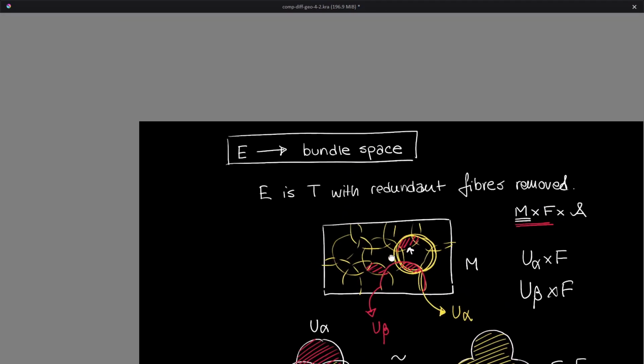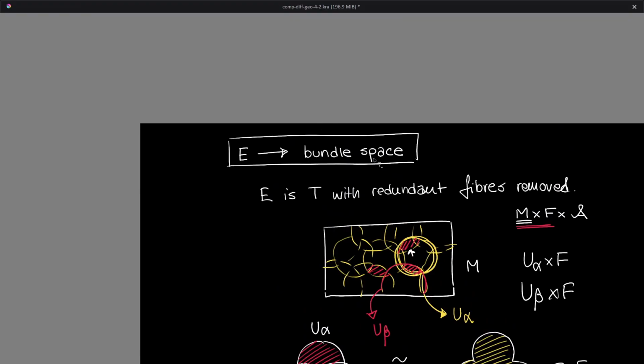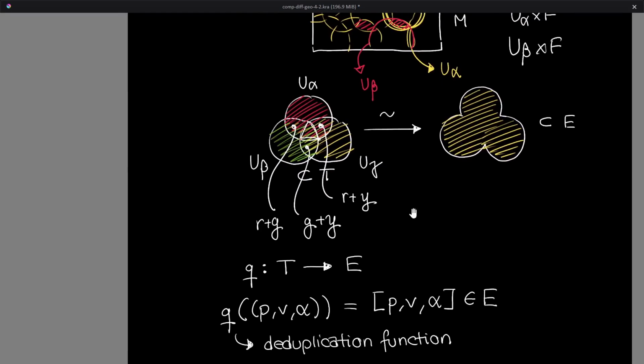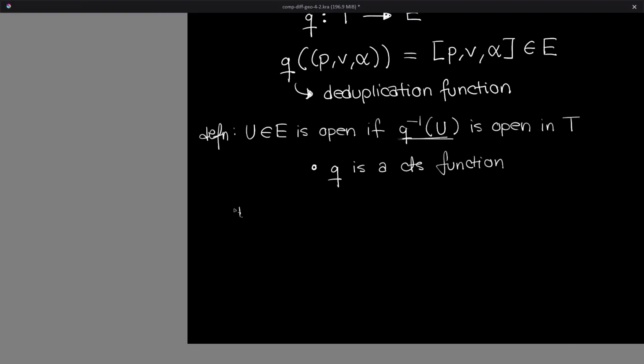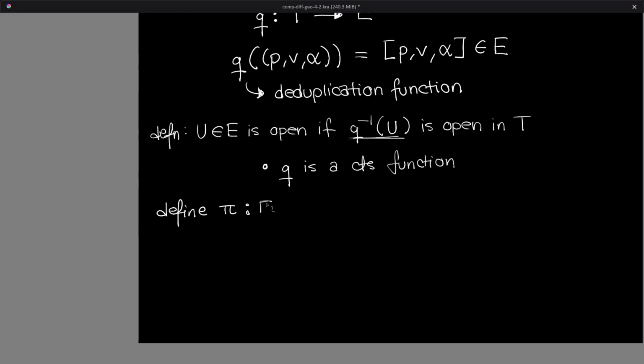So far we've talked about E, which is our bundle space, and the next thing that we want to talk about is pi. Let's define a map pi which goes from E to M, such that pi of this equivalence class representative PV alpha is equal to P. And that makes sense, right?